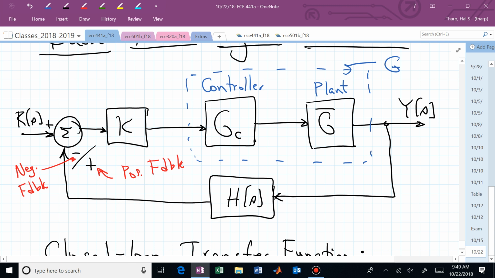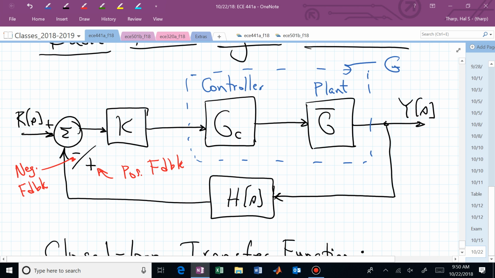Negative output feedback. And that was G over 1 plus GH. And now we have G sub C, G bar, K, H, but I hope now we've grown up, we haven't spent too much time with G bar, to be able to figure out what's G and H and where K goes.